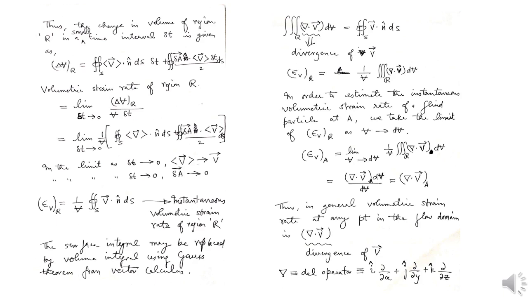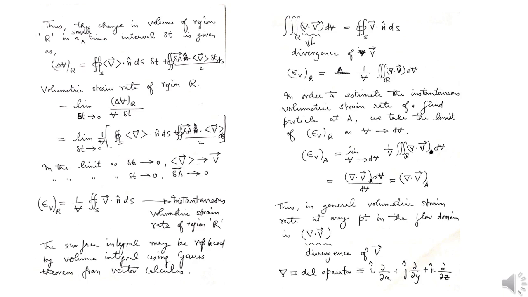V dot n simply represents the normal component of the local velocity at any point on the surface of the region R. You integrate it over the entire surface, divide by the volume of the region R. That gives you the volumetric strain rate.